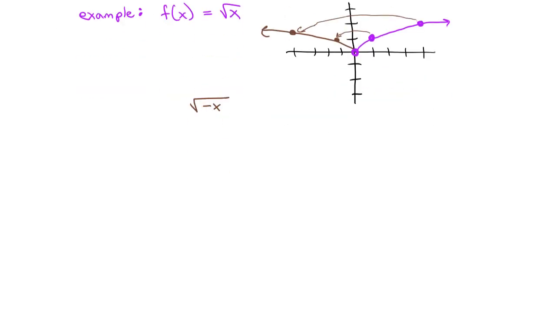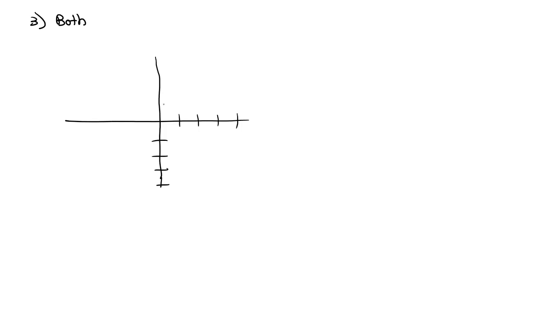And just like with the shifts, we could do both. Let's do this with a fake function again, just because those are a little more interesting. We're going to say this is my f of x graph.